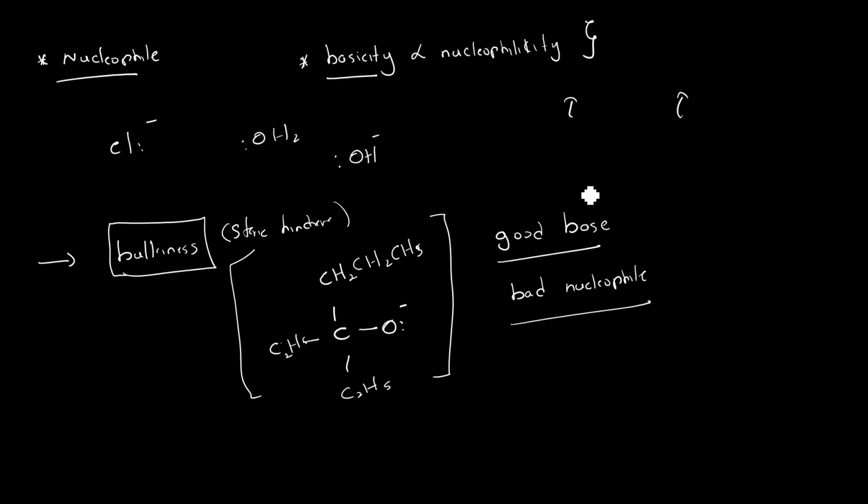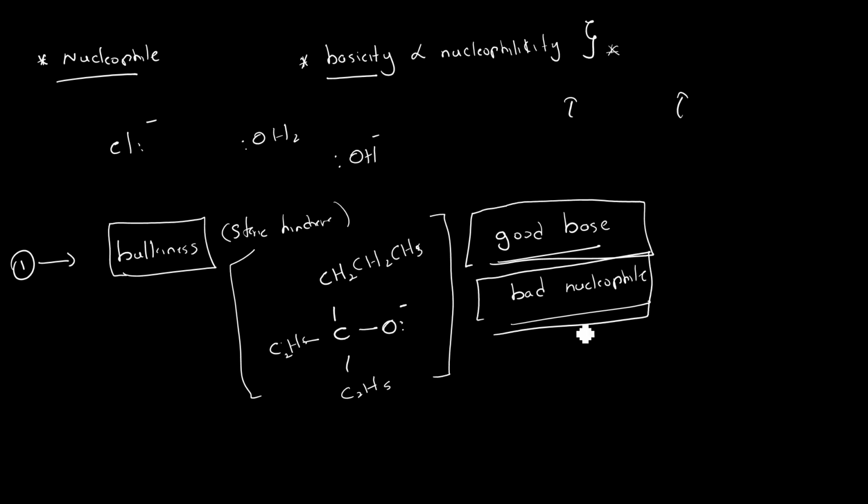In most cases, basicity parallels nucleophilicity, but when the bulkiness or steric hindrance comes into place, this condition won't hold. The bulkier it gets, it's a good base, but a bad nucleophile. I hope you understand my point, right?